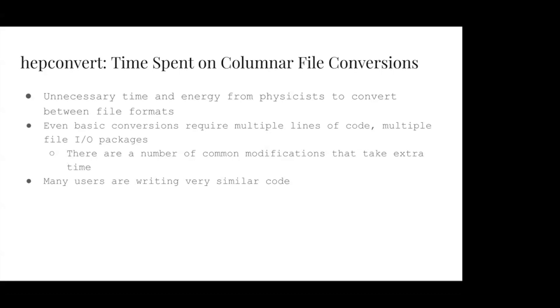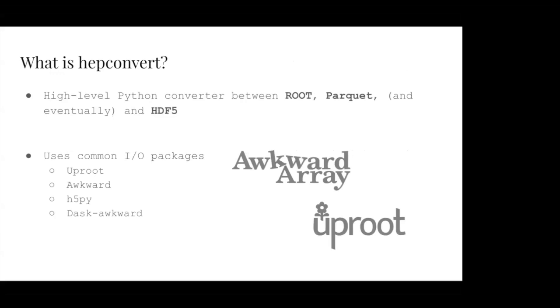Many users are writing very similar code, which is good cause for a new tool. So it's a Python package that uses existing I/O packages such as Uproot and Awkward to convert between common file types, ROOT and Parquet.